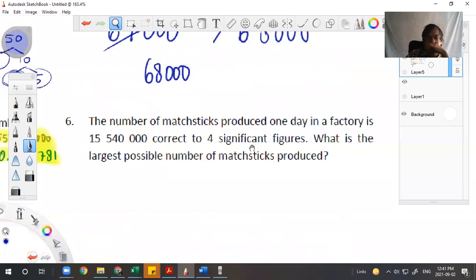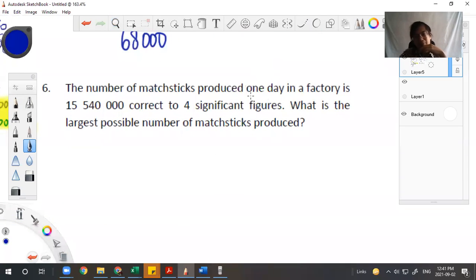Next, the number of matchsticks produced one day in a factory is 15,540,000. Wow, that's a lot. 15 million matchsticks. Correct to 4 significant figures. What is the largest possible number of matchsticks produced?